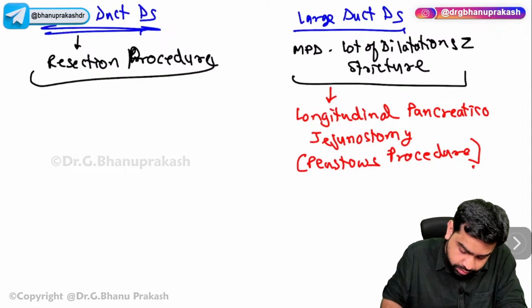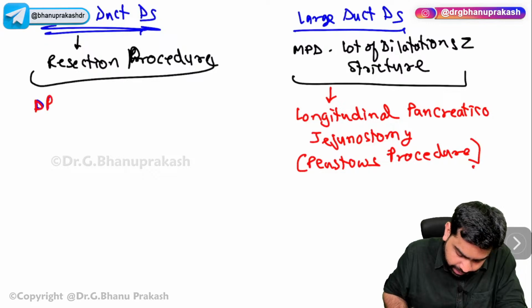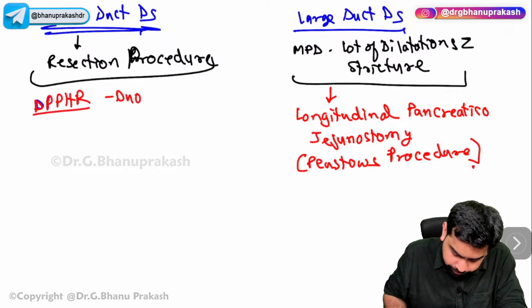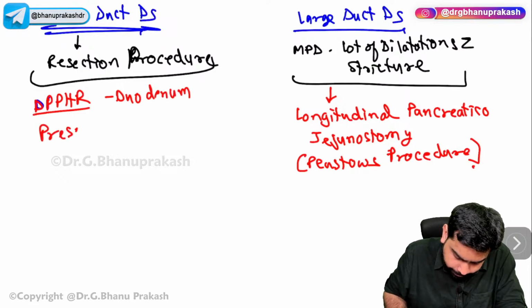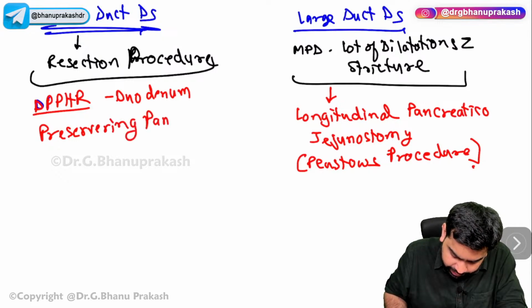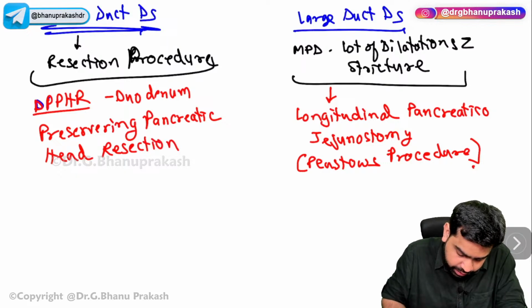This is called DPPHR, that is, duodenum preserving pancreatic head resection. Okay, duodenum preserving pancreatic head resection.